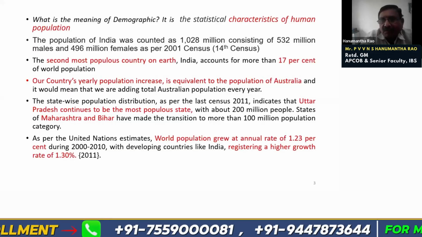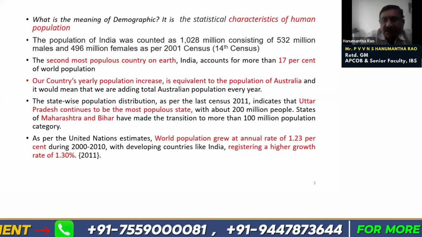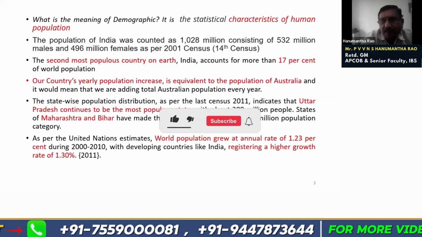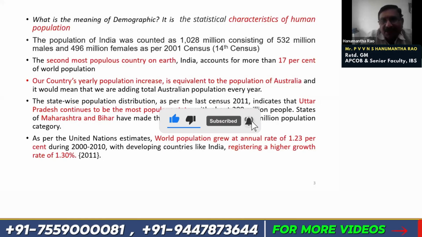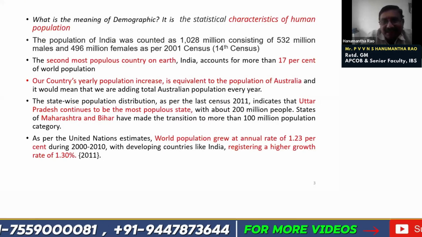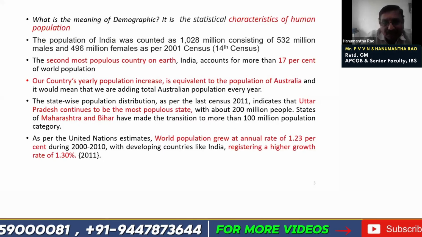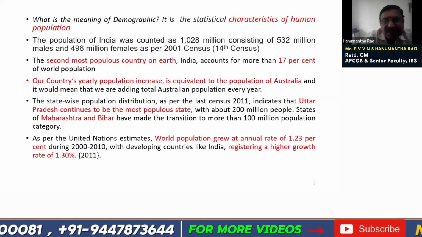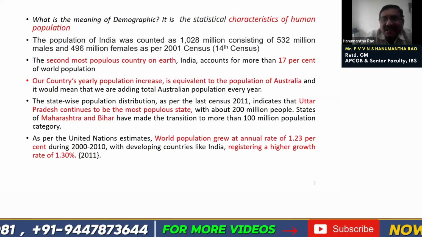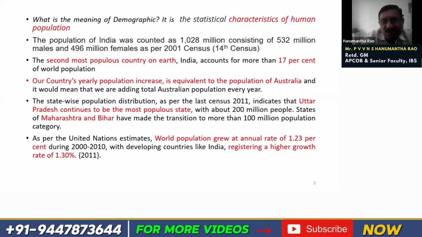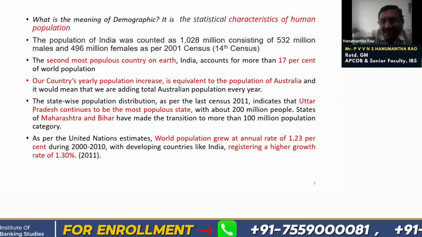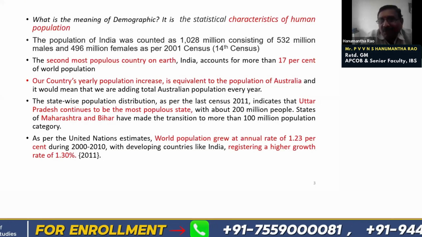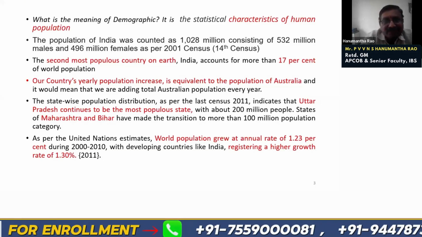India accounts for more than 17% of the world's population, and the growth of our country's population is equivalent to Australia's population. Almost our country's yearly population increase is equivalent to the population of Australia.